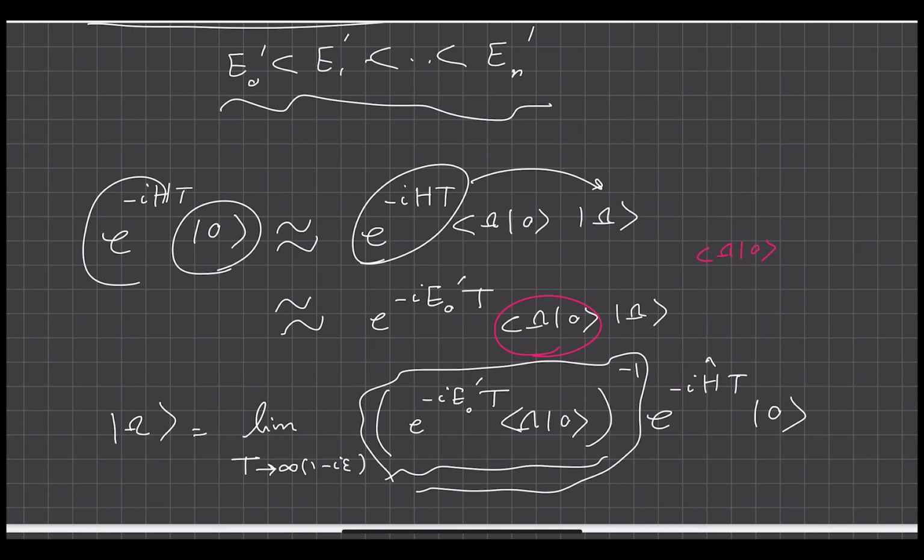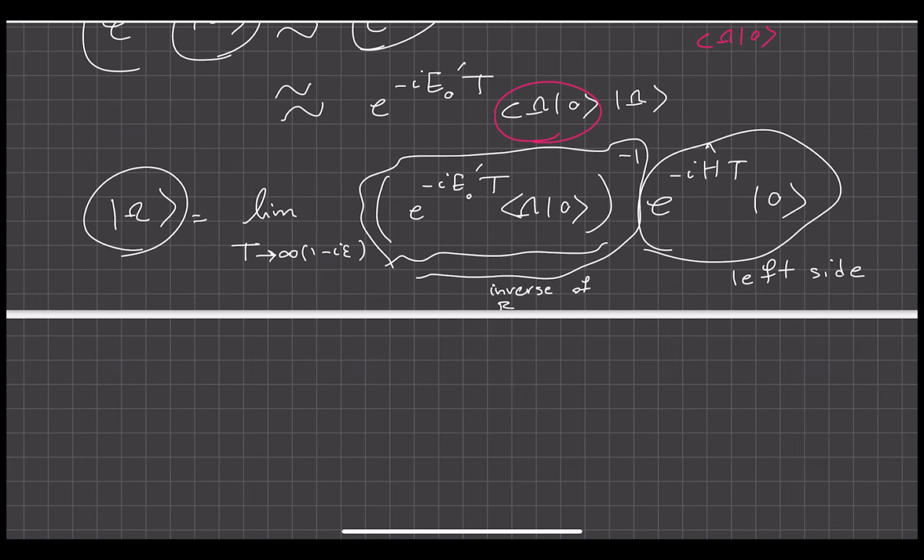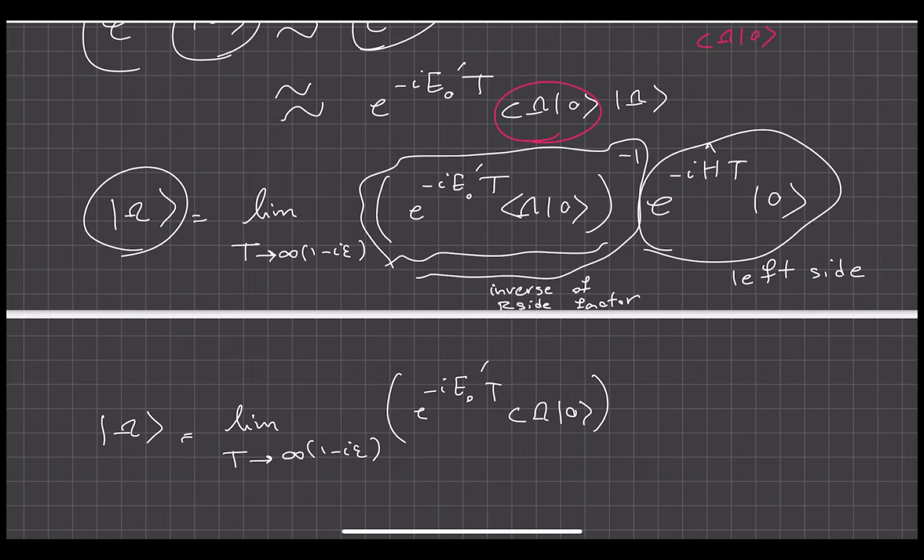So the right side factors are going to go away, and we're only going to stay with the omega term, and it goes to the left side. So this is the left side, and this is the inverse of the right side factor. So this is just mathematically, right? I'm just saying mathematically, omega is equal to the limit of t goes to infinity minus i epsilon of the exponential of minus E0' t, e to the minus i H t over 0.